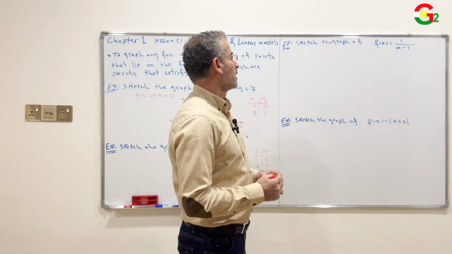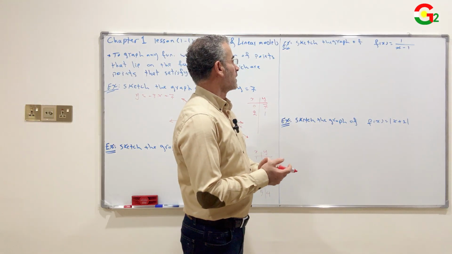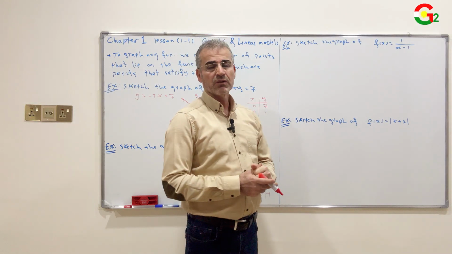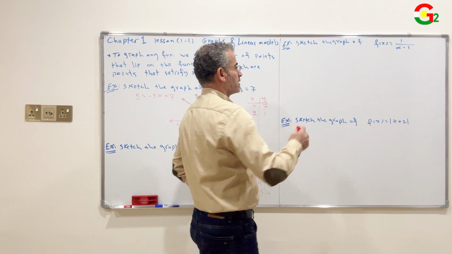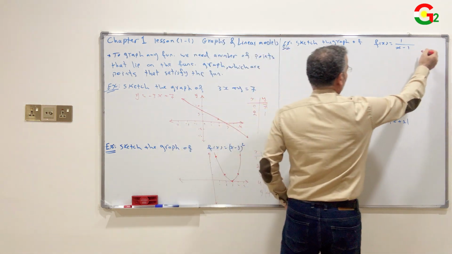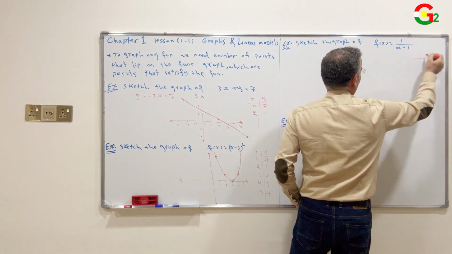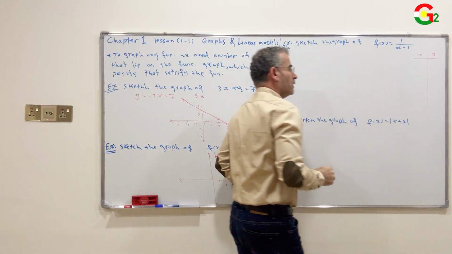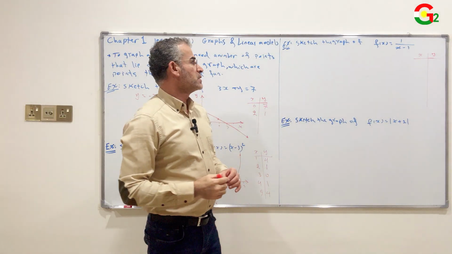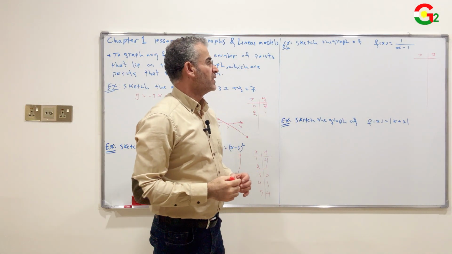Example, fraction function. Sketch the graph of the function f of x equals 1 over x minus 1. It is written in the standard form, so I can directly find the points on the graph of this function.